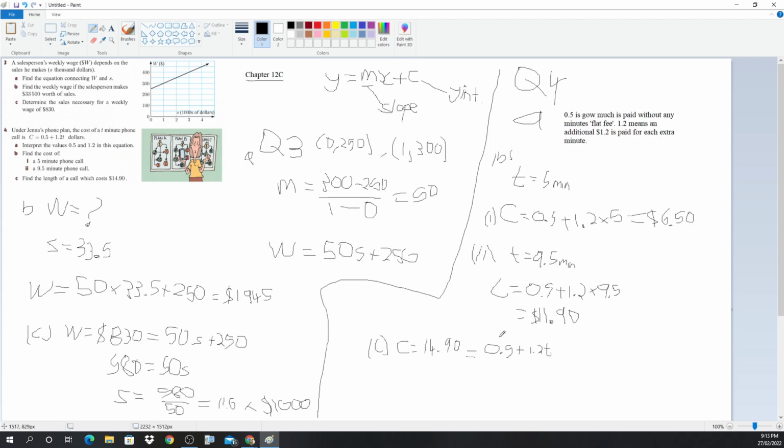First of all, we're solving for t. We're going to subtract 0.5 from both sides, so it would be 14.4 equals 1.2 t. Now, I think I know what the answer is. I think it's 12. Check on your calculator. 14.4 divided by 1.2 is indeed 12. That's 12 minutes. I divided by 1.2.